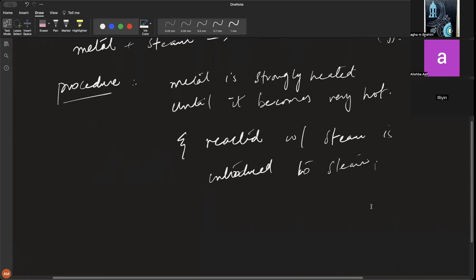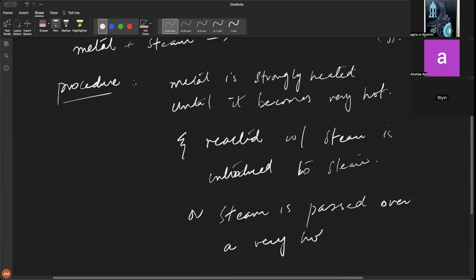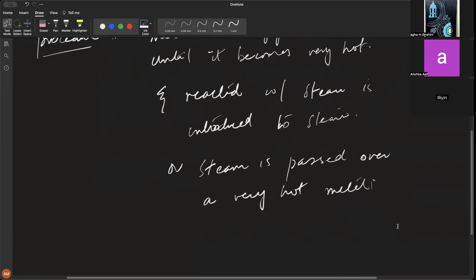Then, or you can say the steam is passed over a very hot metal. All of these things can be done. Once that is done, the metal reacts with water, the steam, and produces metal oxide and the hydrogen gas.